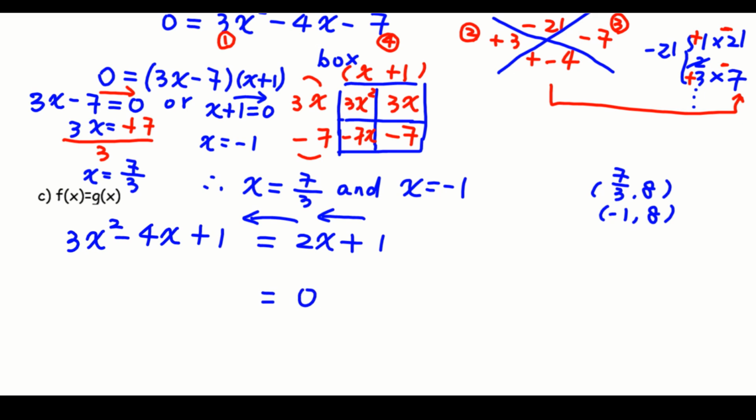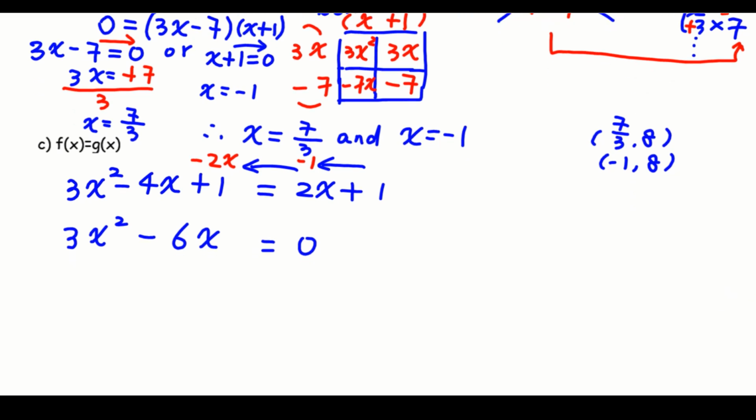And when we move the terms to the other side, we do the opposite operation. So plus 2x becomes minus 2x, plus 1 moved to the other side is minus 1. Then we collect the like terms, 3x squared by itself, negative 4x minus 2x gives you minus 6x. Plus 1 minus 1 is 0, so we don't have to write it.